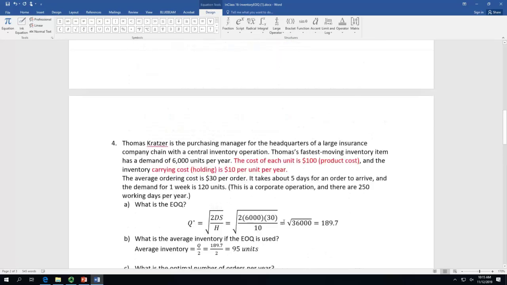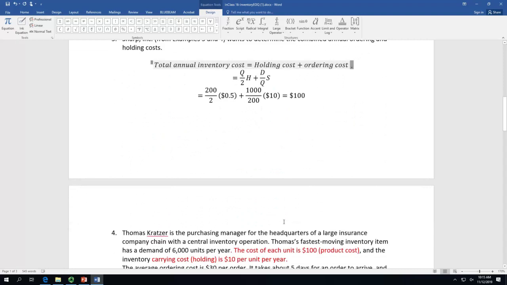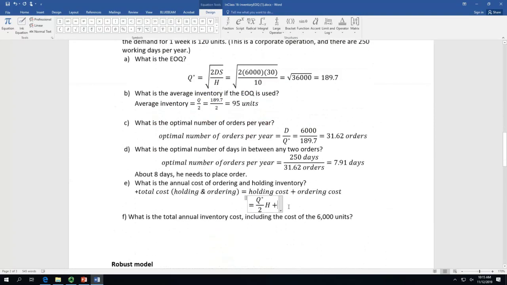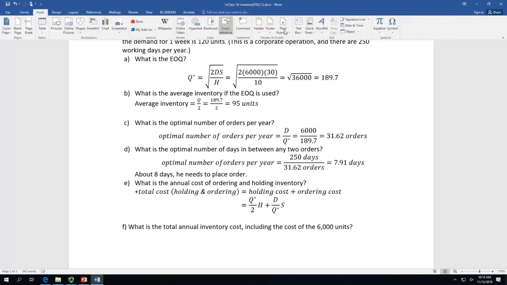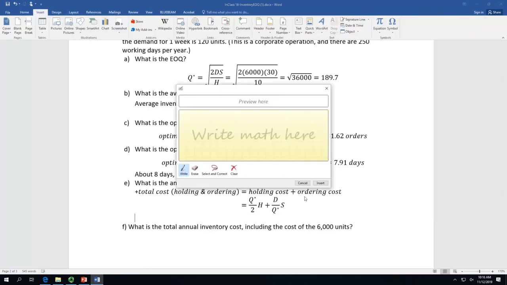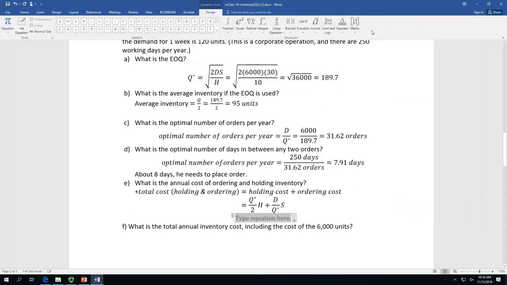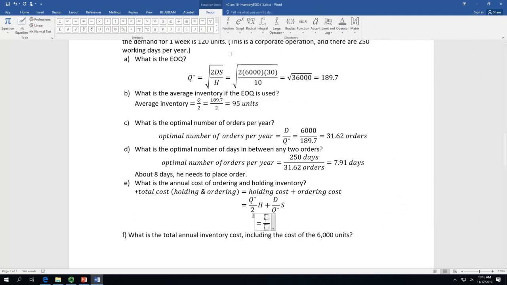This piece is D divided by Q star, times S. So Q star, we calculated 189.7 divided by 2.